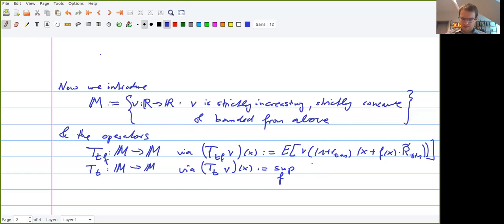So in terms of the operator T small t, F, the supremum was just given by taking the supremum of all decision rules and then maximizing.